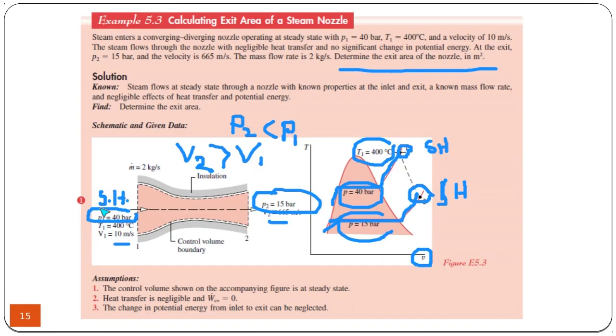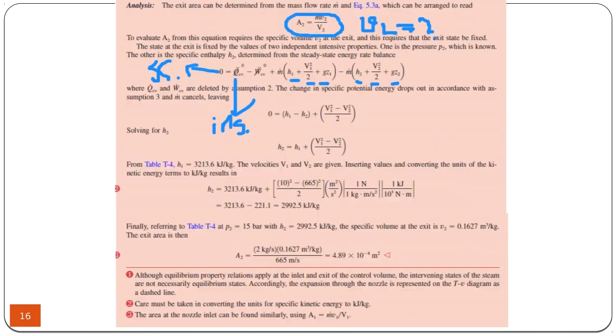It's parallel to the ground, so there is no change in the potential energy. So we can also cancel the potential energy terms. Then all we are left with is the enthalpy terms and kinetic energy terms. So the exit enthalpy can be found from h2 equals h1 plus the change in the kinetic energy. And h2 is found from the values of h1.